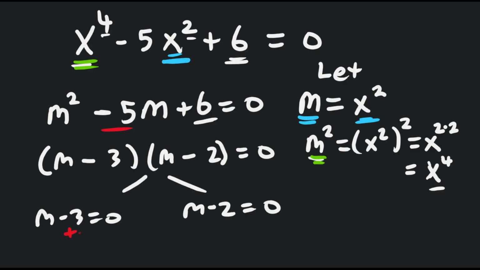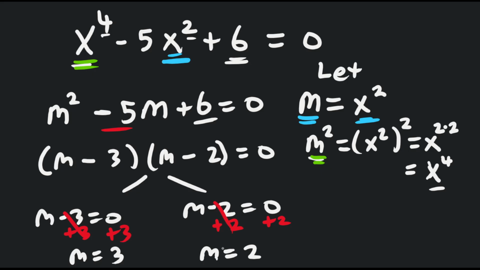So for this one on the left, we'll add 3 to both sides, and we are left with m equals 3. And then on the other side, this m minus 2 equals 0, we are going to add 2 to both sides, and we have m equals 2.